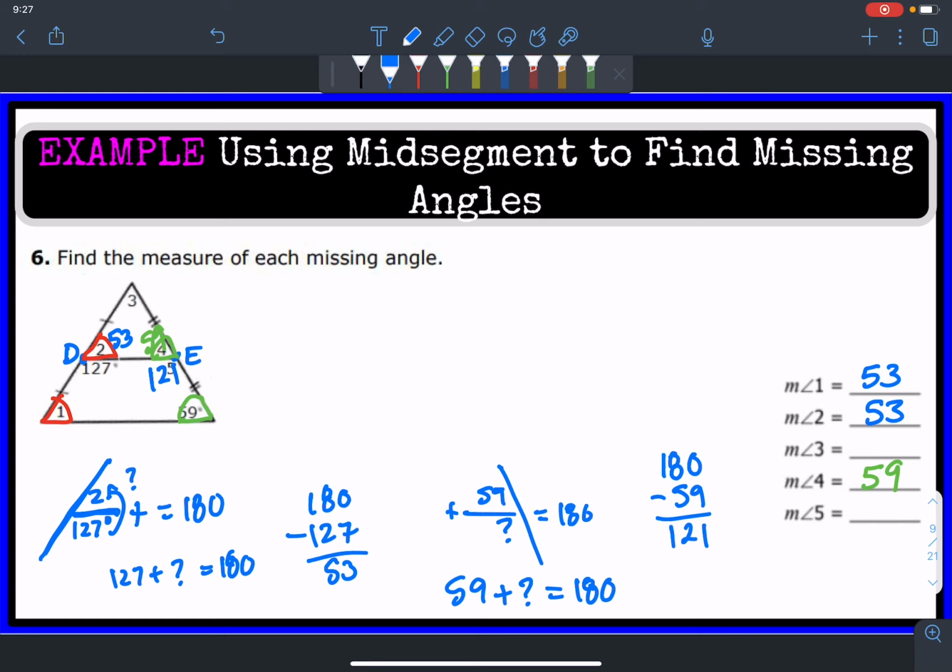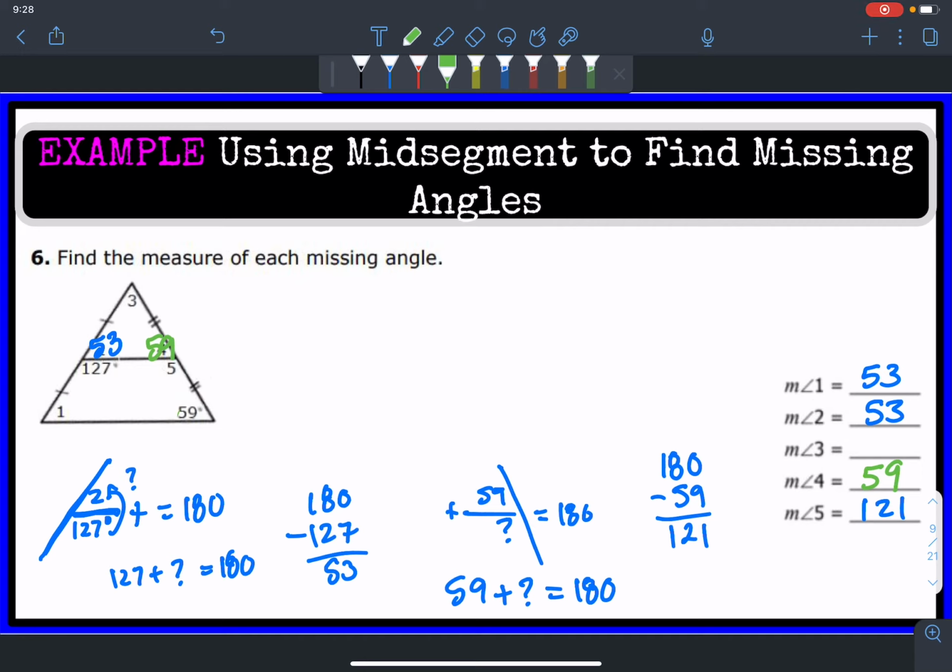Angle 5 is 121. Now the only angle that's missing is angle 3, this angle right there. But since we have all of this, let me erase all of this now. And let me write the two dominant numbers, 53 and 59 there.